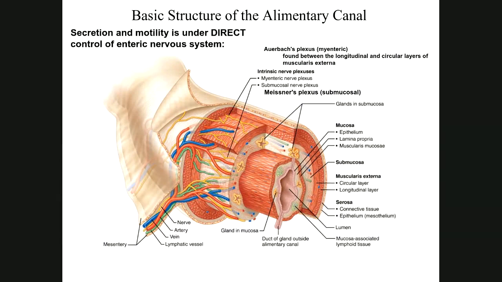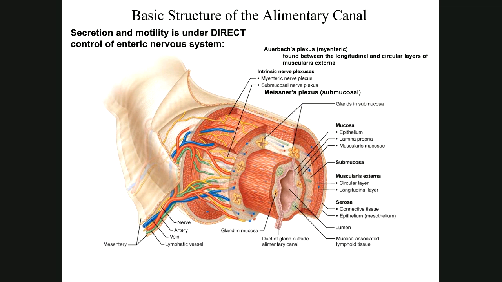The circular muscles in some areas become thickened to form sphincters. Then the last layer that we have, remember we have four: mucosa, submucosa, muscularis, then the serosa.